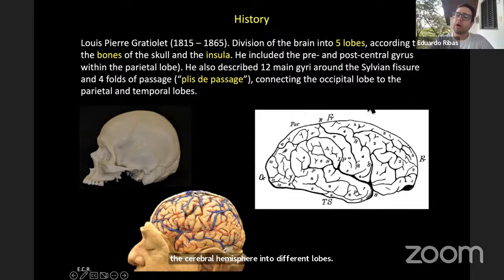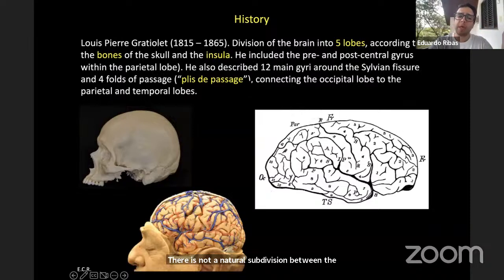This is an anatomical idea, but in fact, the cerebral gyri continue between themselves. There is not a natural subdivision between the different cerebral lobes.